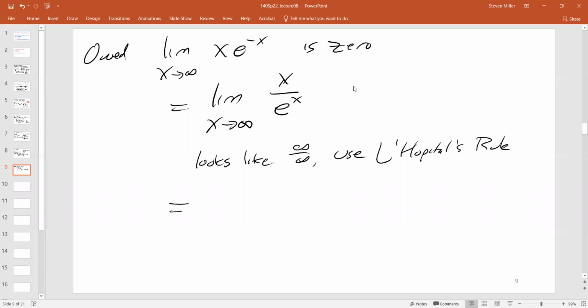What's the derivative of x? It's just 1. And the derivative of e to the x is e to the x. So this limit is 1 over e to the x as x goes to infinity. That's just going to be 0. And that finishes our proof.